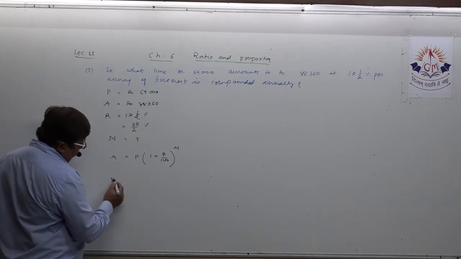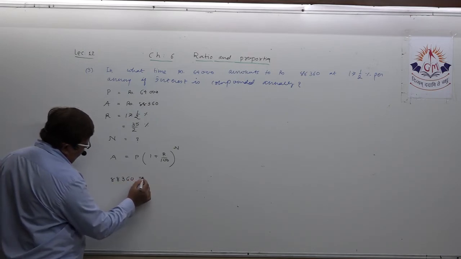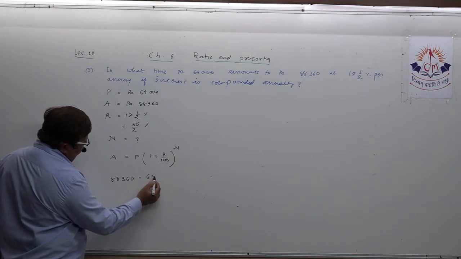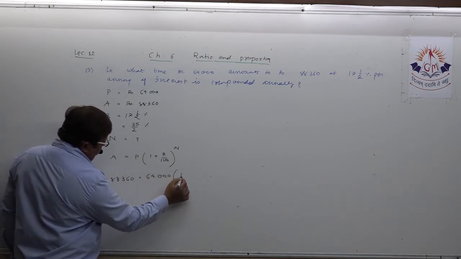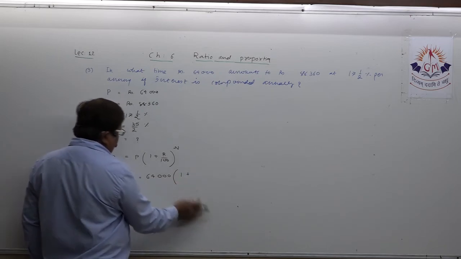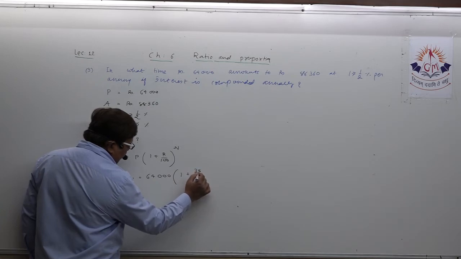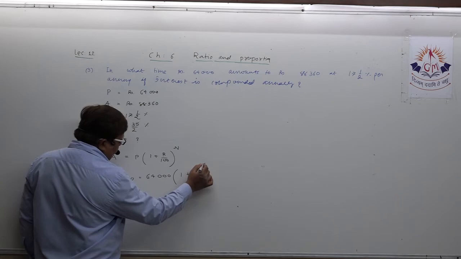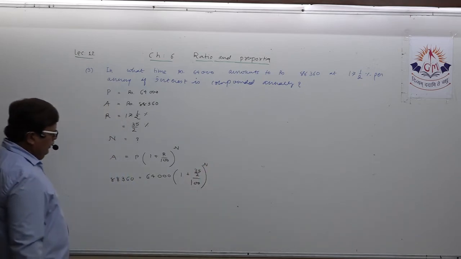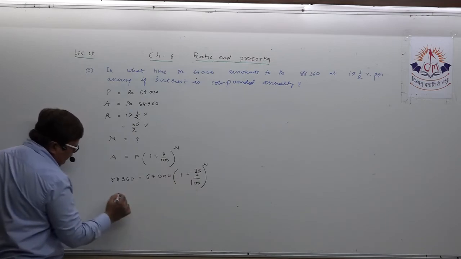Amount 88,360, principal 64,000. 1 plus, now be precise. R means, see what I am writing here, 35 upon 2 upon 100, raised to the power n. Next step, before cancellation, the 2 is to be transferred here.